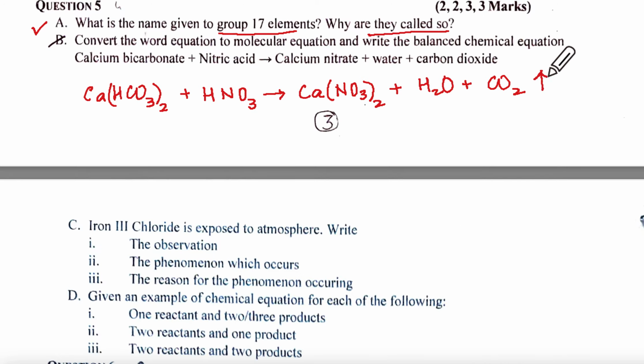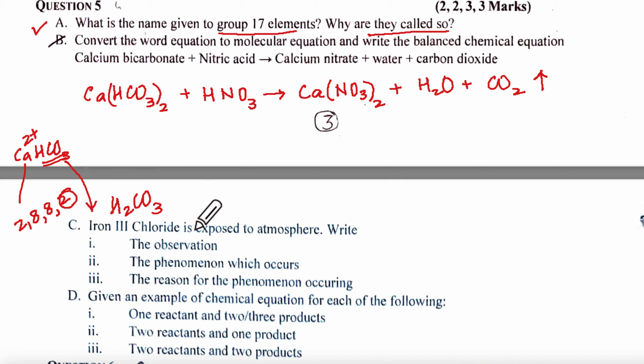Now some of you may have a problem. Will my formula be CaHCO3 or Ca(HCO3)2? Some of you may wonder like that. At least you know Ca is 2, 8, 8, 2 from the periodic table. So Ca is going to be 2 plus. No problem remembering that. Correct? Now HCO3 comes from H2CO3.